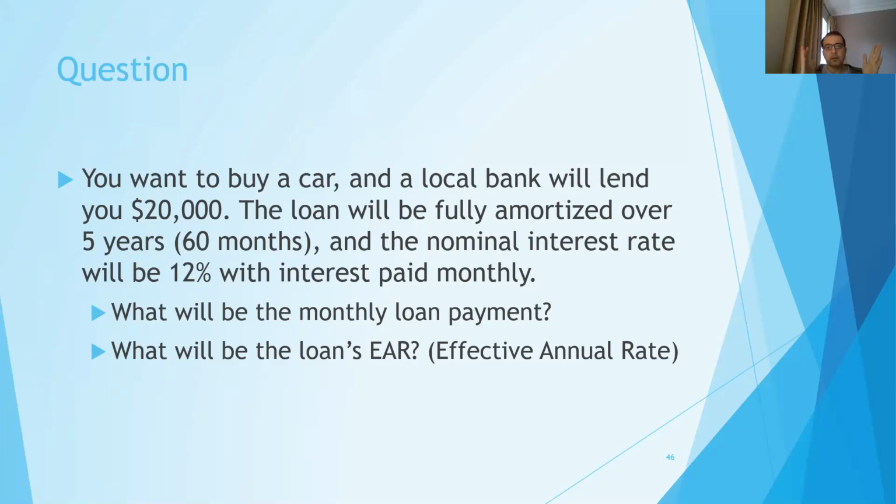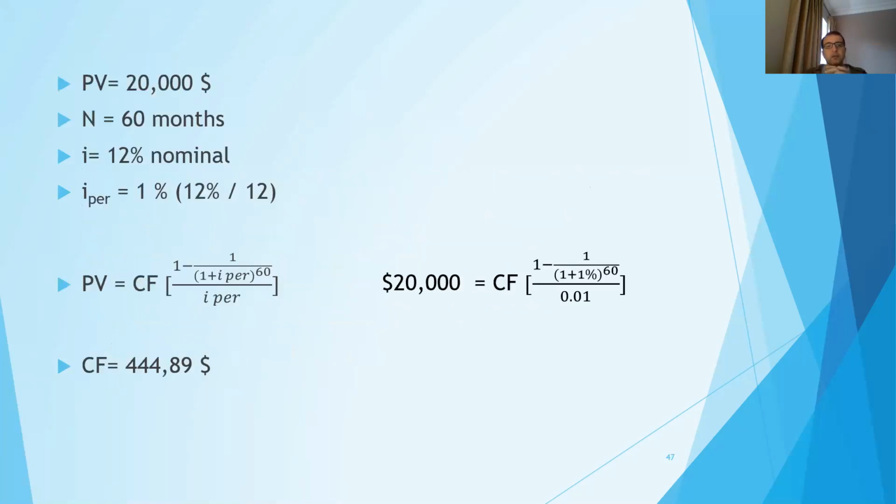First, we need to know the formula. You don't need to remember it. Here is the formula. The present value is the 20,000, the amount of the loan right now, right? For 60 months, the interest rate is 12% nominal. So per period, if it is paid monthly, it is 12% divided by 12 months, so 1% per period, right?